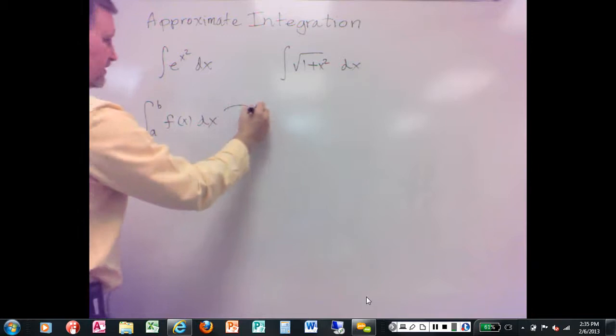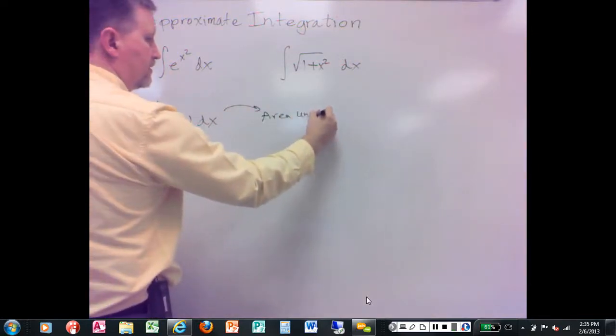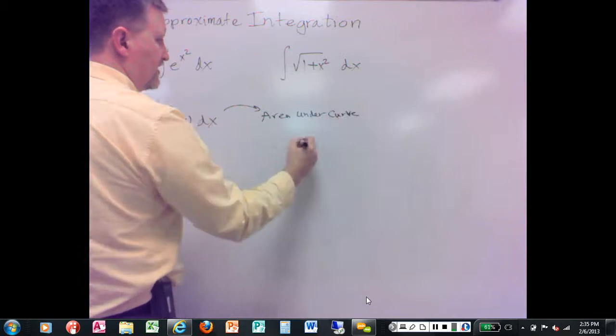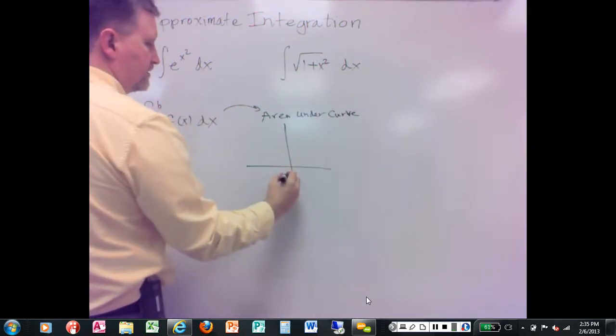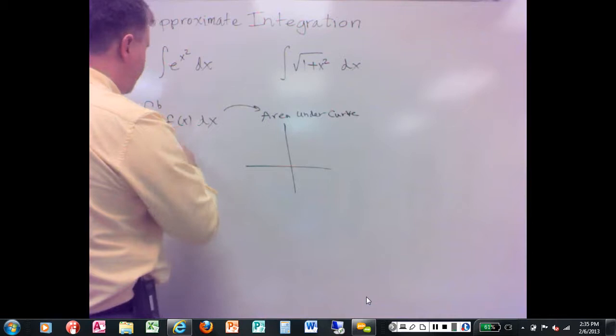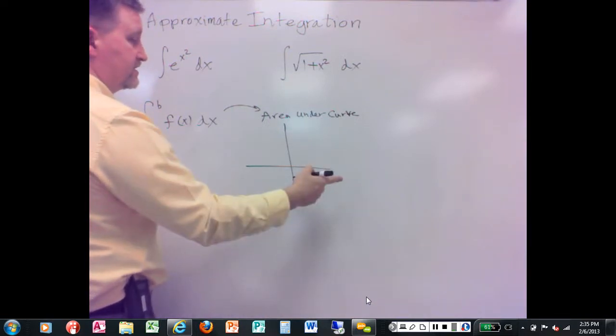It's the area under the curve. And so we're kind of going back to that: if we can't do the evaluation, then we can at least approximate it using various things.